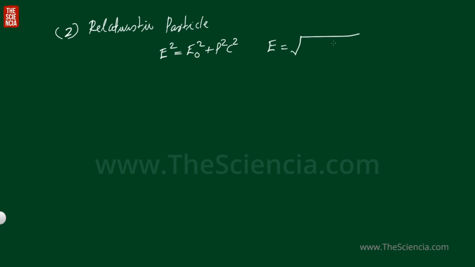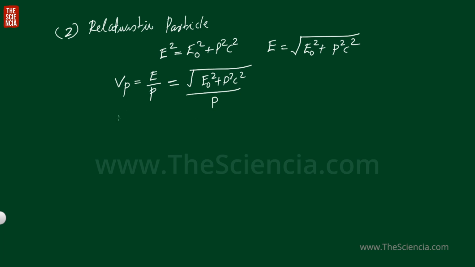Second case, a relativistic particle. For a relativistic particle, we know energy E square is equal to rest mass energy E0 square plus P square C square. So we can find E is equal to root of E0 square plus P square C square. Now, what is our relation for Vp? That is E by P, that is equal to root of E0 square plus P square C square by P. Now, what is Vg?